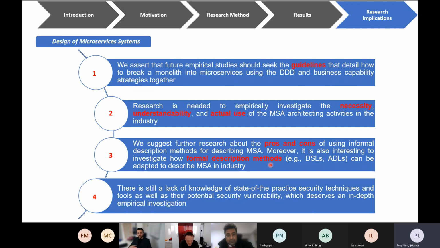But what about the other way around? What can we do for practitioners to help them in their daily life with microservices? What are, in your opinion, the most promising research directions in which we can make solution proposals for them to use?